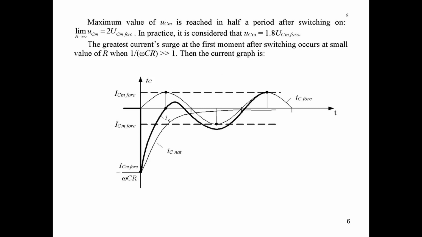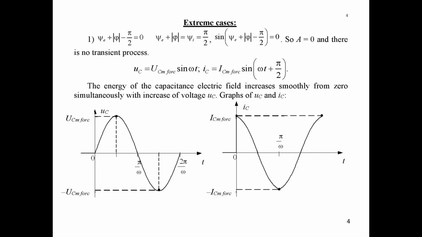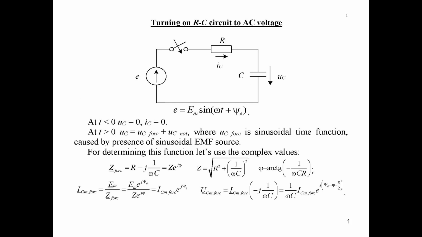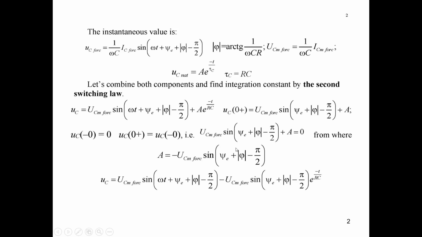So you should remember that when we connect an AC source to an RC branch, the transient process has a forced component which complies with a sinusoidal changing function, and a natural component which has the same form as for connection to a DC source: an integration constant multiplied by an exponential function.